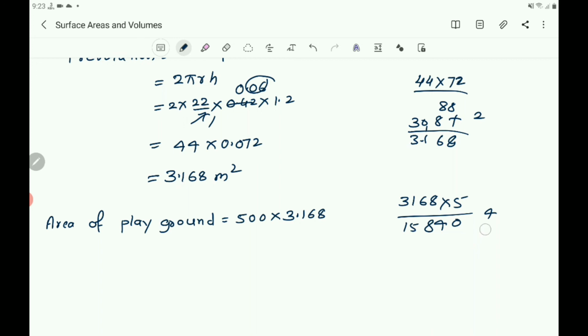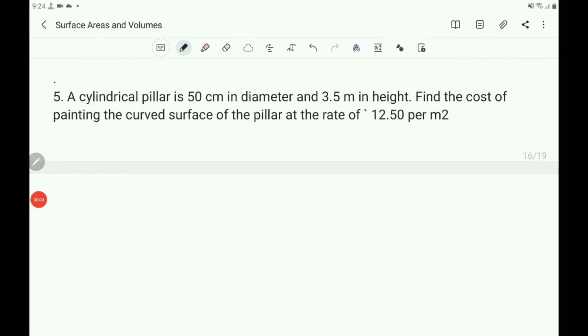Here we multiply by 500, so it is 0 0, and 3 digits are there after the decimal point, so it becomes 1584.000. You can leave these 3 zeros because they are zeros after the decimal point. So you write 1584 m square. Area of the playground is 1584 meter square.